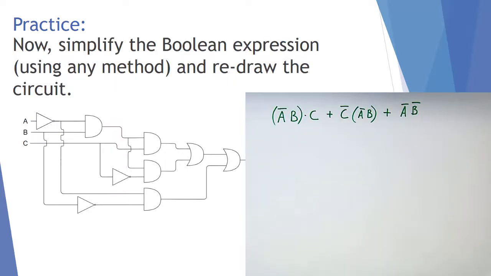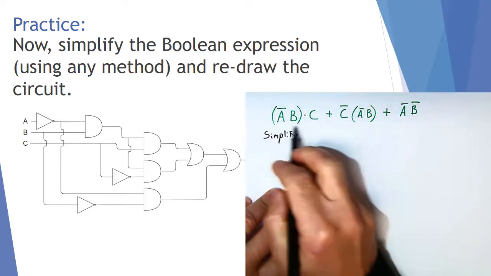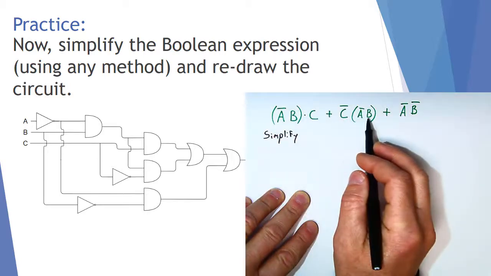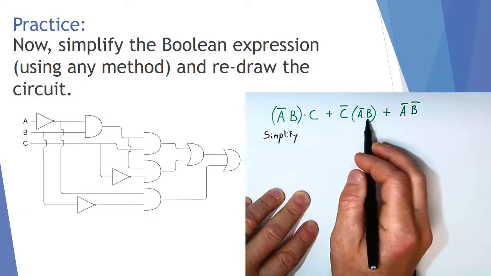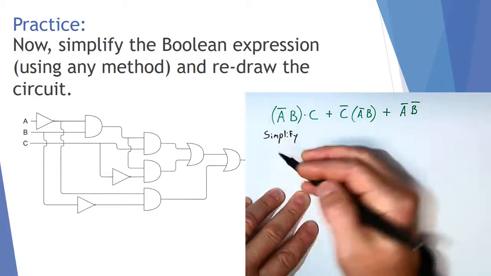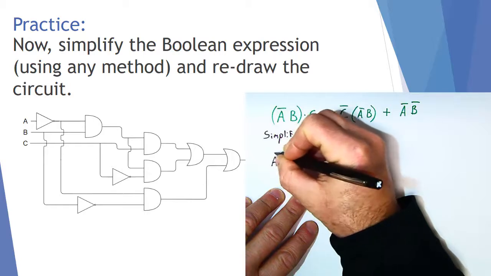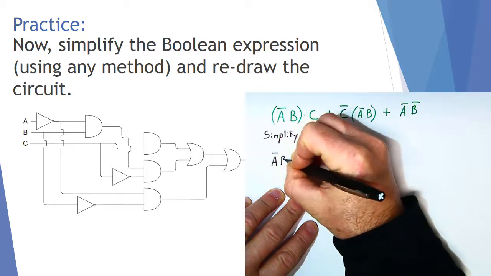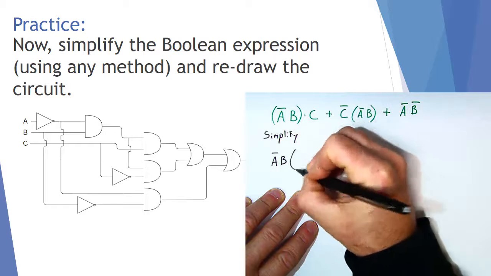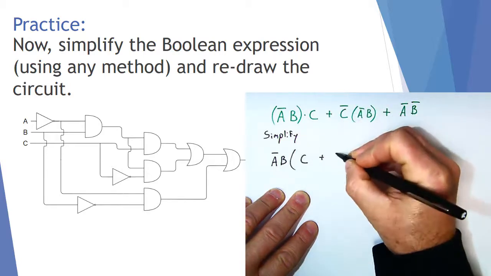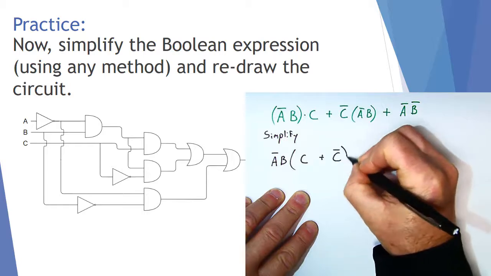Now let's see if we can simplify this. Let's use Boolean algebra to do this one. If we start with these two terms on the left and the middle, they have a common factor of A naught B. So let's factor that out to the front. We're using the distributive property in reverse there, and we get A naught times B times, what will we have left? From there we have a C, and here we have the C naught.